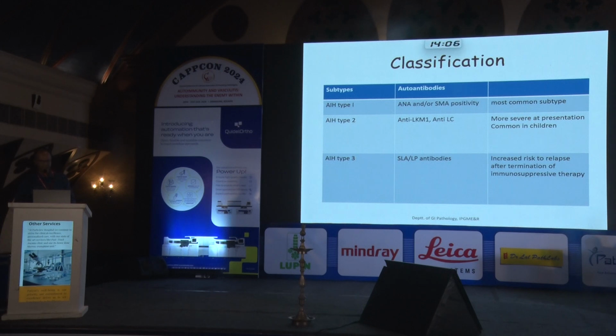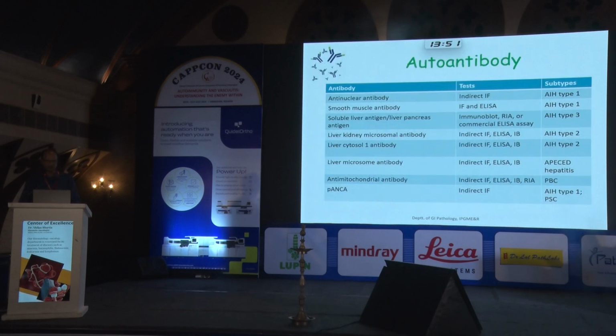And the third type, a little controversial, presently described, has soluble liver pancreas antigen, and there is an increased risk of relapse according to this type. These are all the several autoantibodies which can be found in the blood and are helpful in diagnosis.